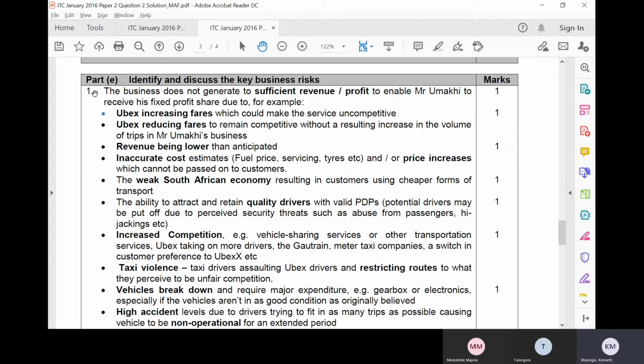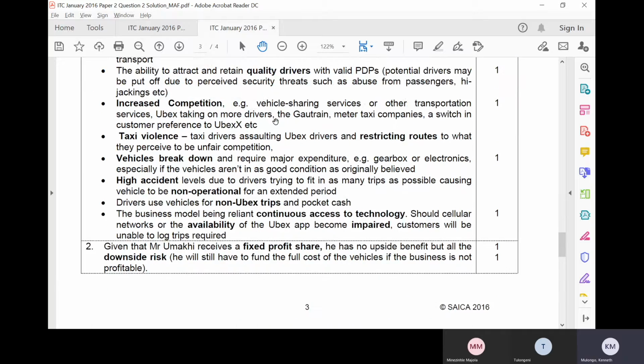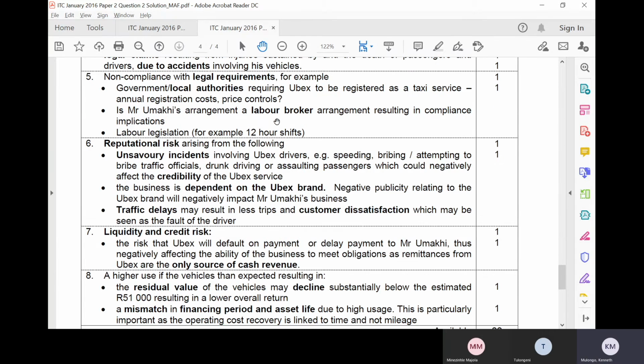Cool, because I think that leads perfectly into part E, where they say identify and discuss the key business risks. We know that you can ask this question about business risk for each industry, each company that you're covering: ice cream, paper, hair care, shoe care, anything, right? So use this question and the numbers as your categories.